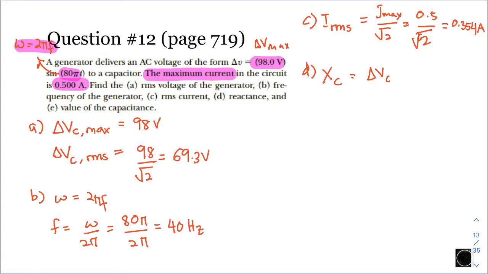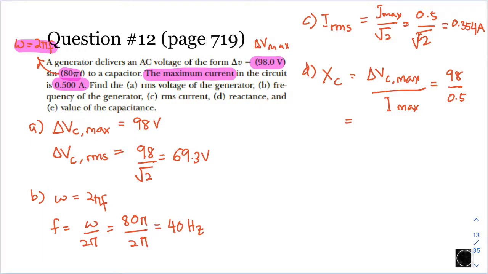If you use delta VC maximum, you have to use I maximum: V max divided by I max, which gives 98 divided by 0.5.